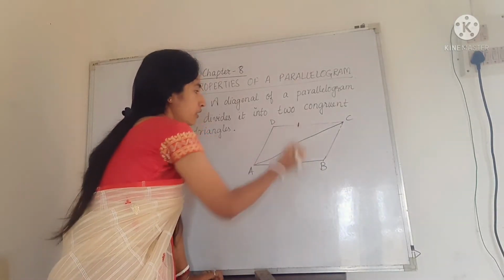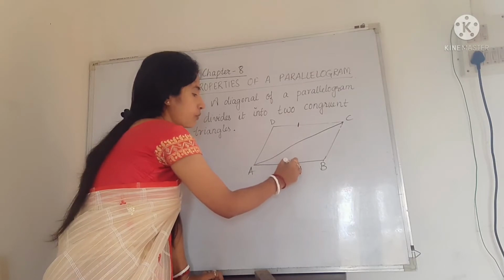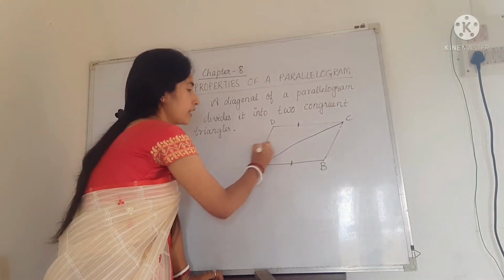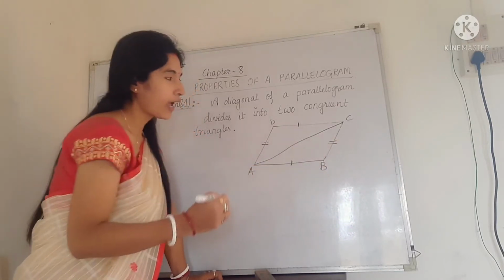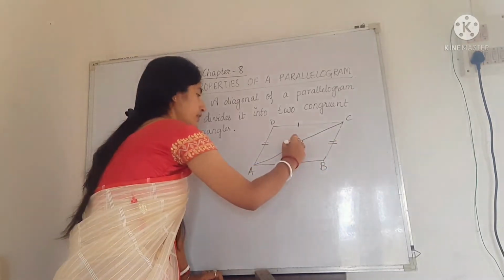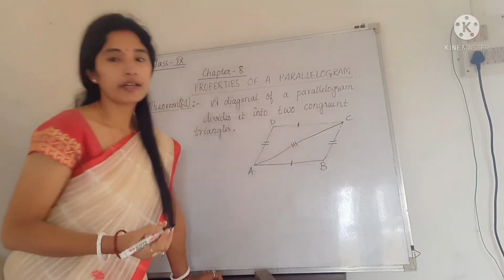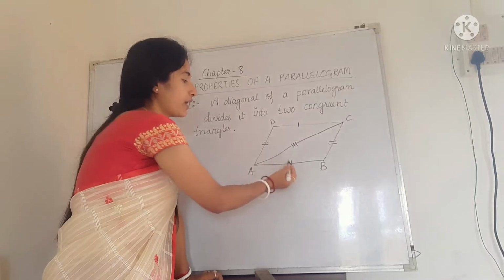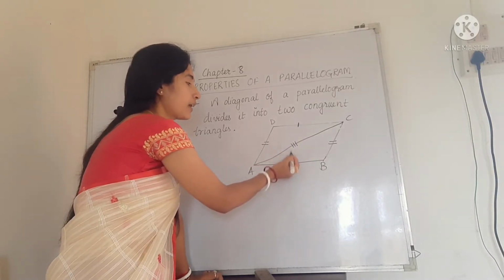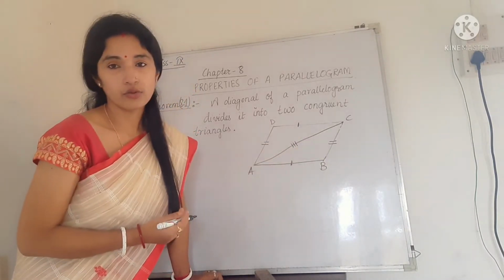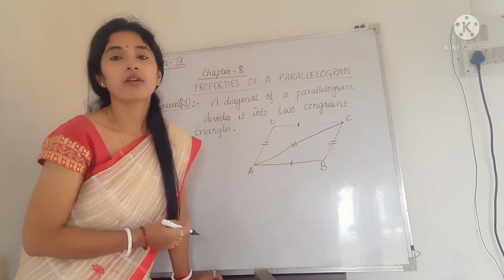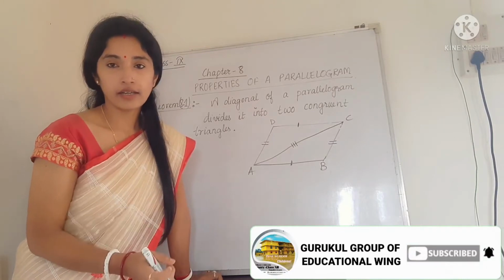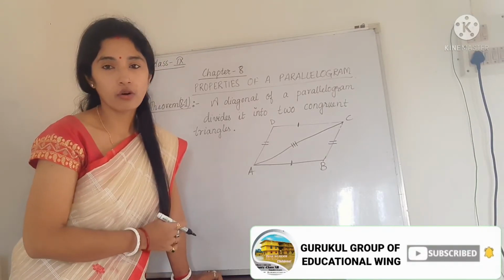DC is equal to AB, this is the first criteria. Second is AD is equal to BC. And third criteria is AC, which is the common side between the 2 triangles. So by SSS, the side congruent rule, the 2 triangles are congruent.